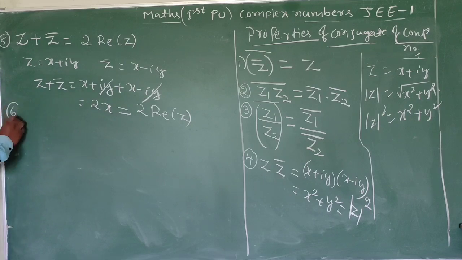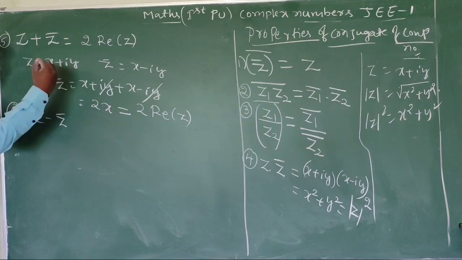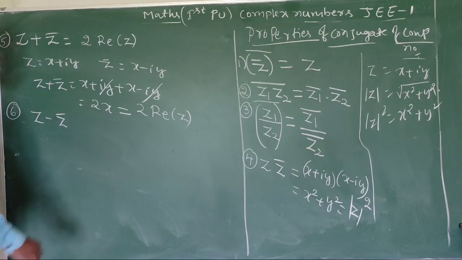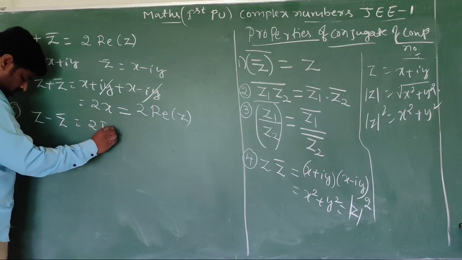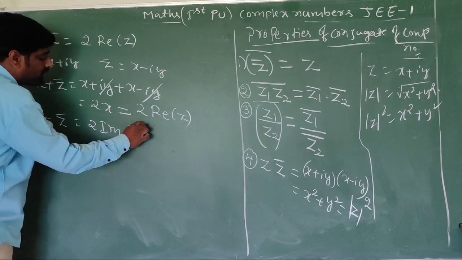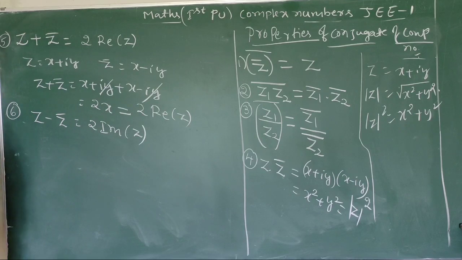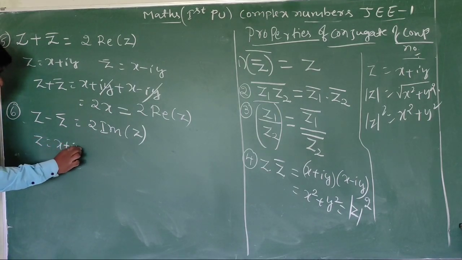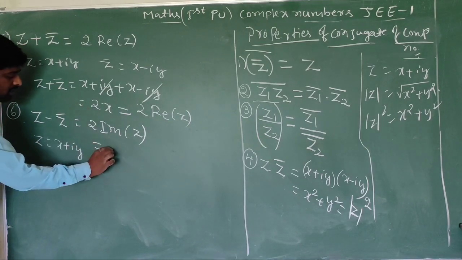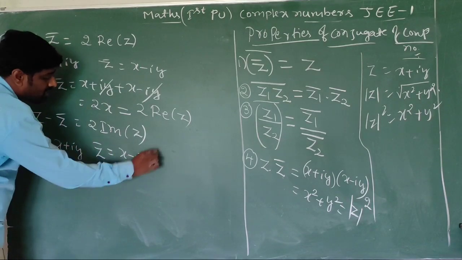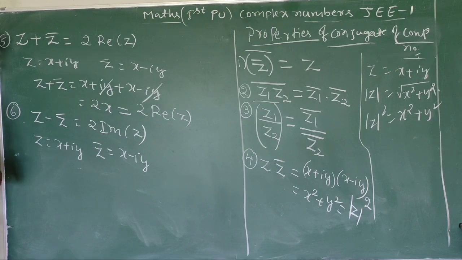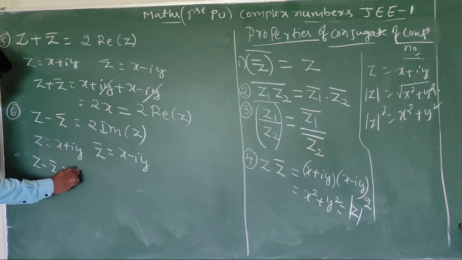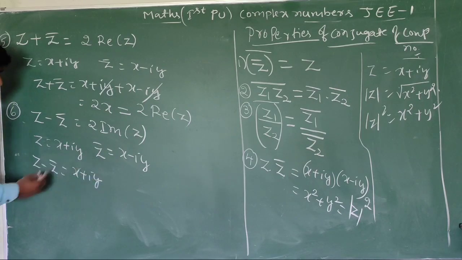Next property is z minus z bar. z minus z bar is equal to 2 times the imaginary part of z. Suppose z is equal to x plus iy. z bar is equal to x minus iy. So here z minus z bar: what is z? x plus iy.